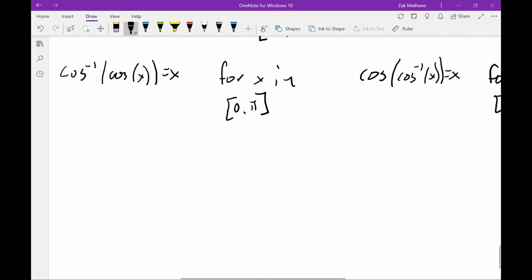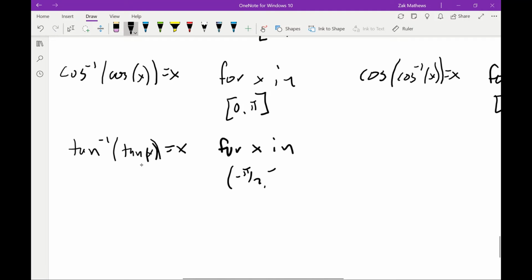And then finally, if we were to take the inverse tangent of tangent of x, that better give us x for x in, well, remember what was the restricted tangent function's domain? -pi/2 to pi/2 without the points included.